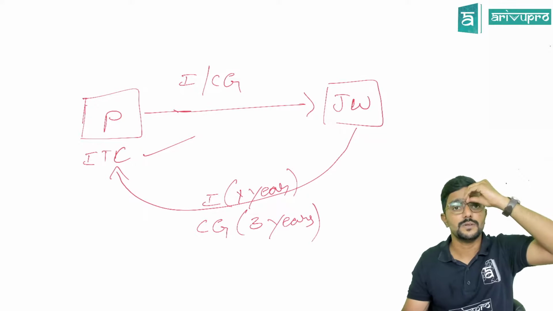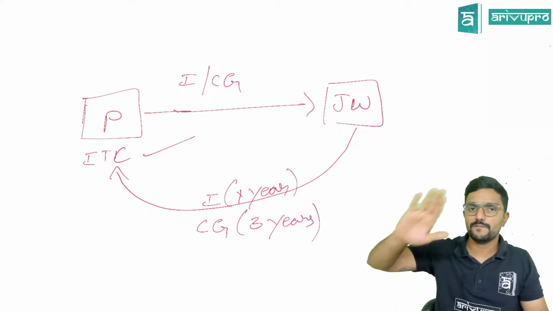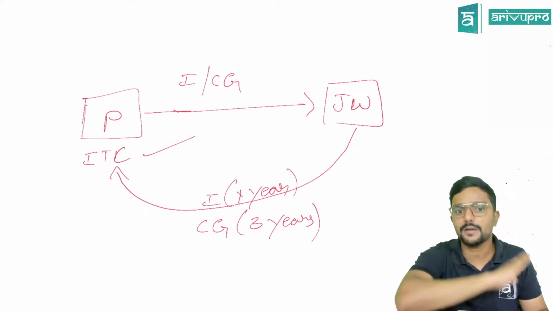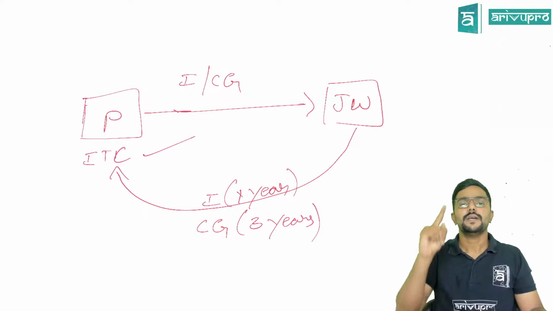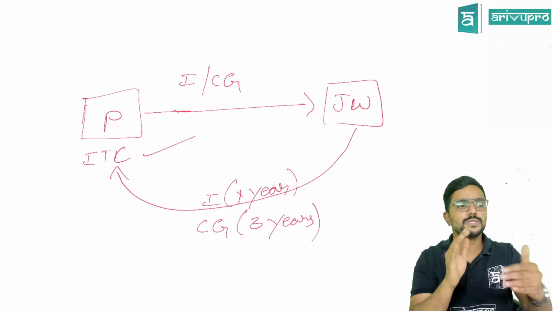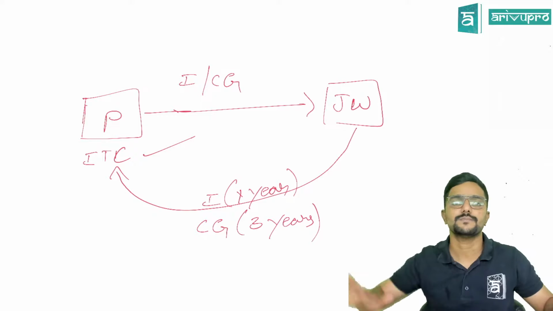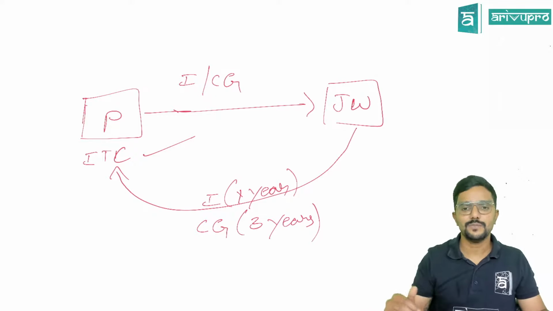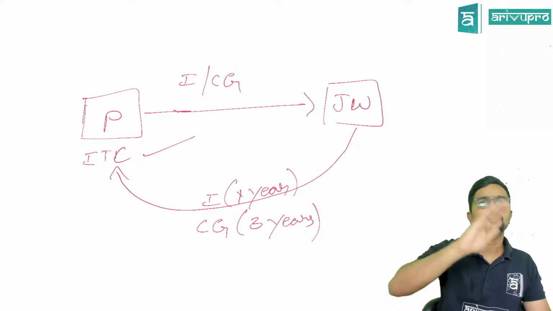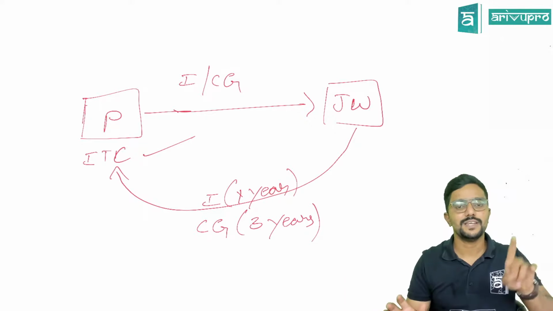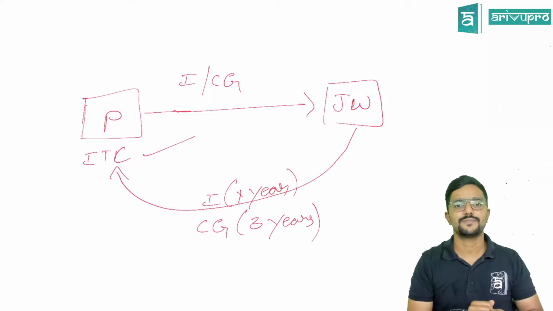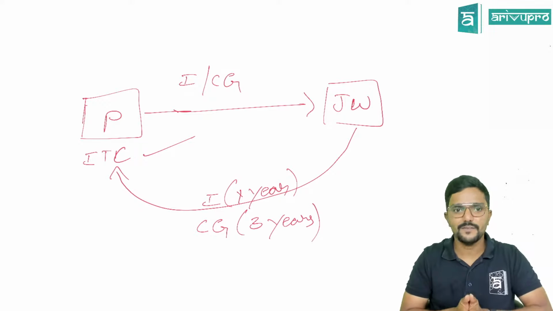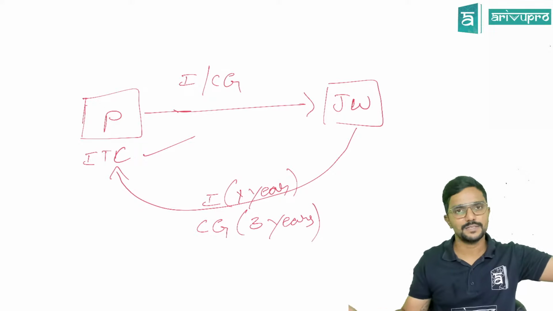At the expiry of 1 year, if the goods are still not returned, it will be treated as goods supplied by the principal to the job worker. Assume the job worker gives back the goods after 1.5 years. In that case, there are two supplies. At the expiry of 1 year, there was a supply between the principal and the job worker.